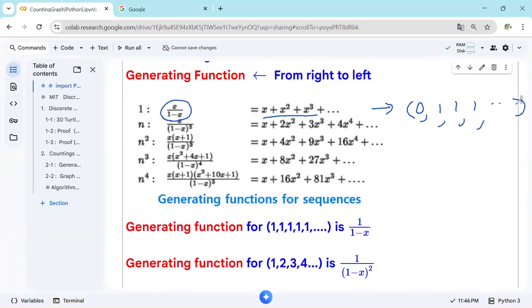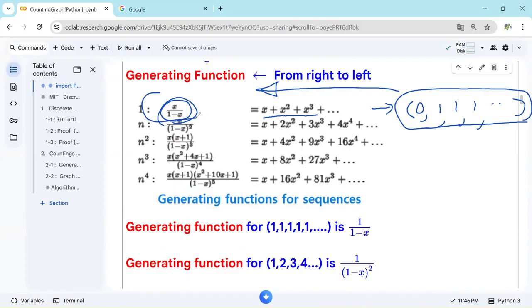So there is a correspondence between this one and the sequence. And then let's consider the other direction. Suppose you have a kind of this sequence, then what is the original function? In this case, we say the generating function for this sequence is this one. So this is kind of an inverse relation.